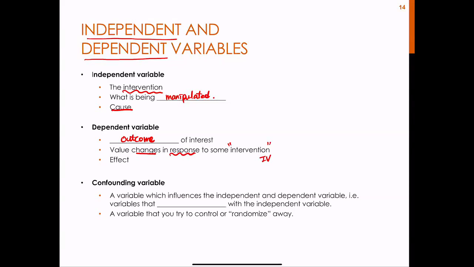So this one is denoted as the effect. The independent variable might be changing and we see what cause is happening, and the dependent variable is the effect that is being measured.